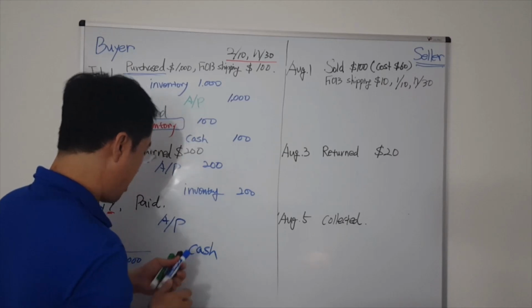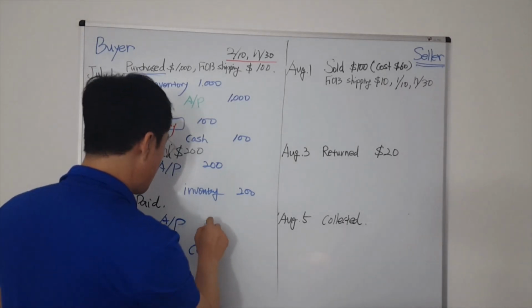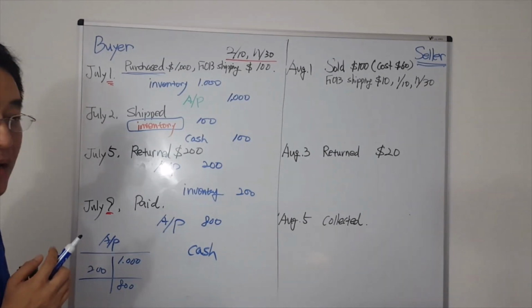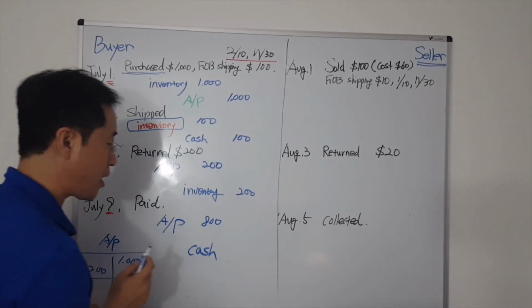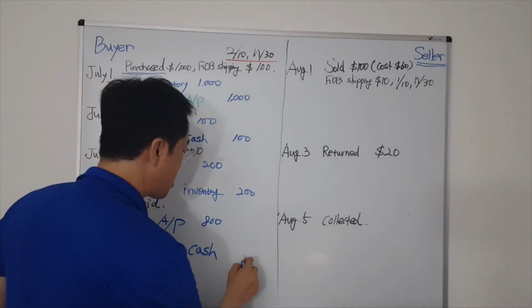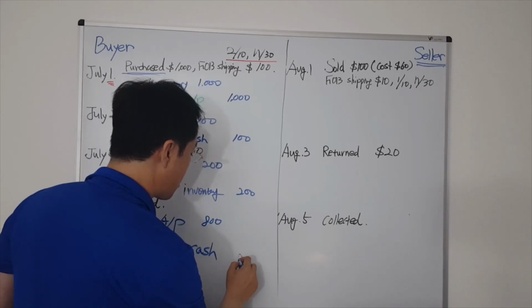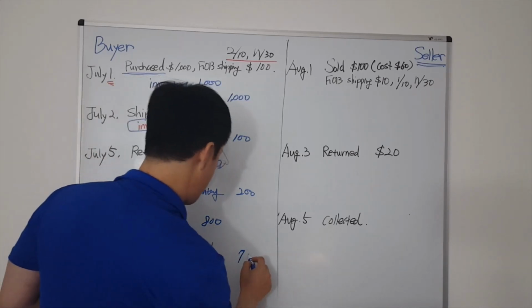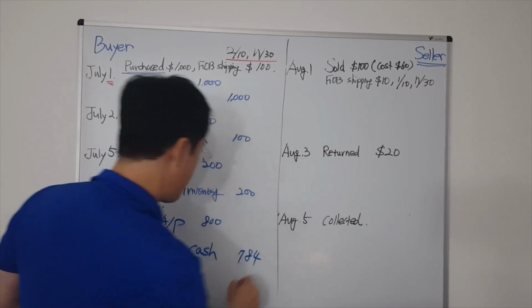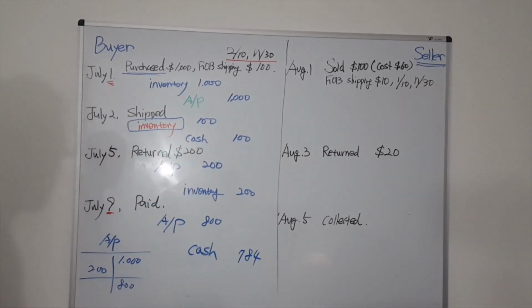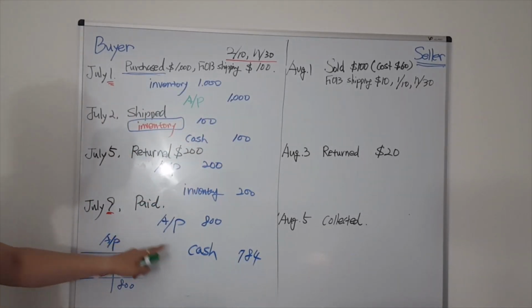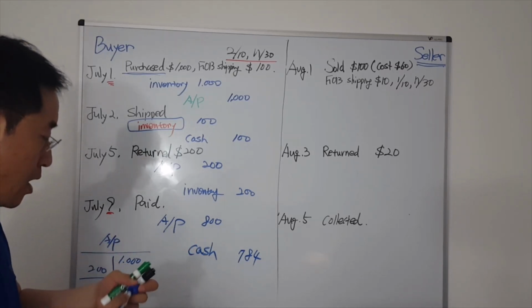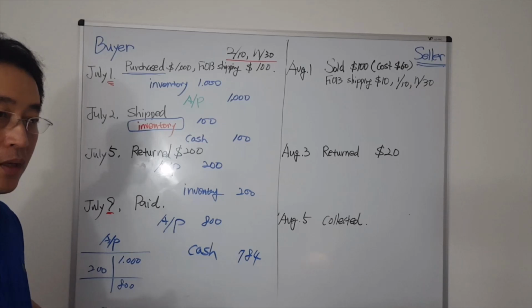So I have to reduce the balance by $800, but I don't need to pay the total $800 because I had a discount agreement. So $784. If we have accounts payable debit $800, credit cash $784, is that accounting?